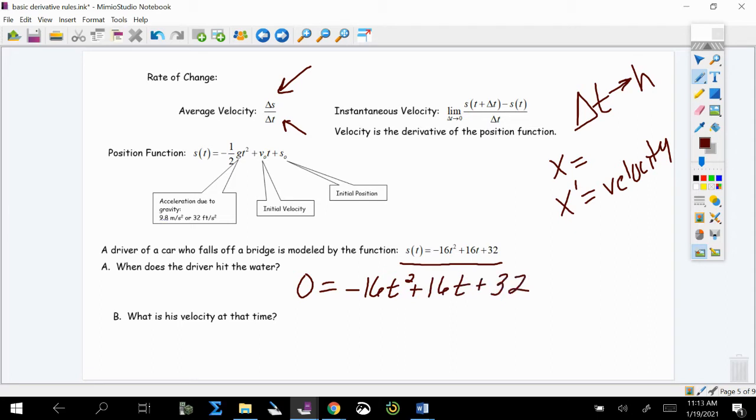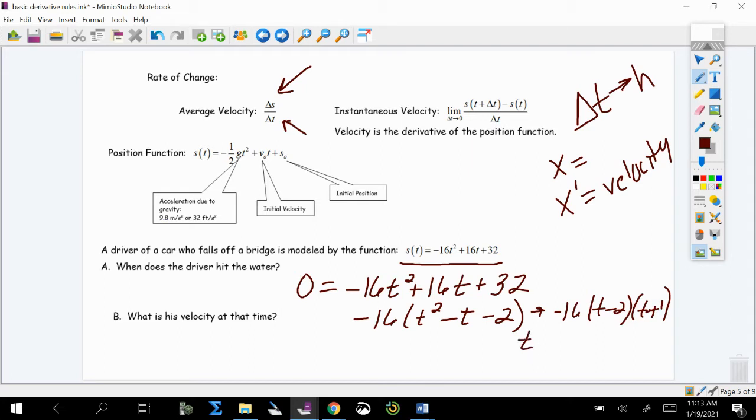Now, I purposely picked one that you would not need to grab a calculator for. You can factor out a -16, which gives you t squared minus t minus 2, and that factors as t minus 2 times t plus 1. Sorry about that.